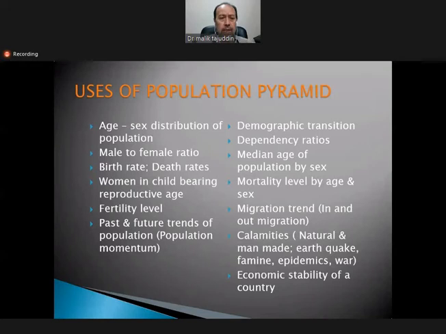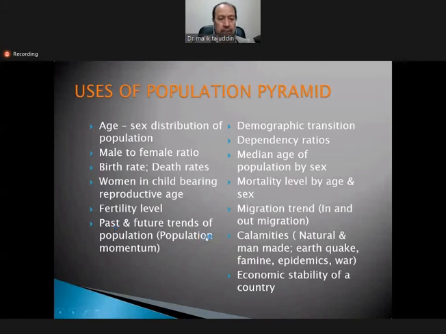But in some countries this gross fertility rate is 2 or even 1. That means every woman during her fertile or reproductive life is giving birth to only 2 or even fewer than 2 children during her whole fertile life.